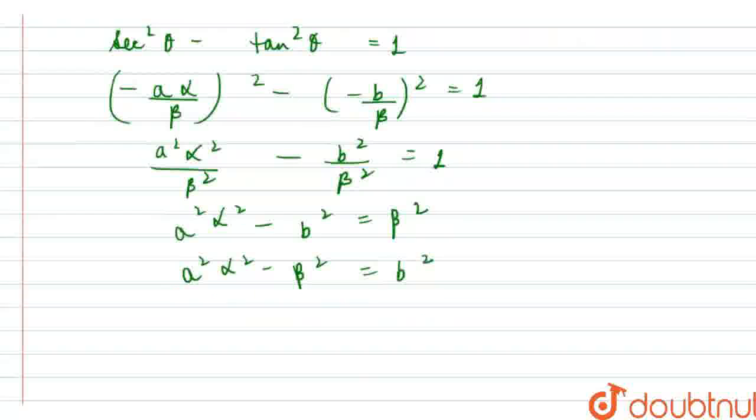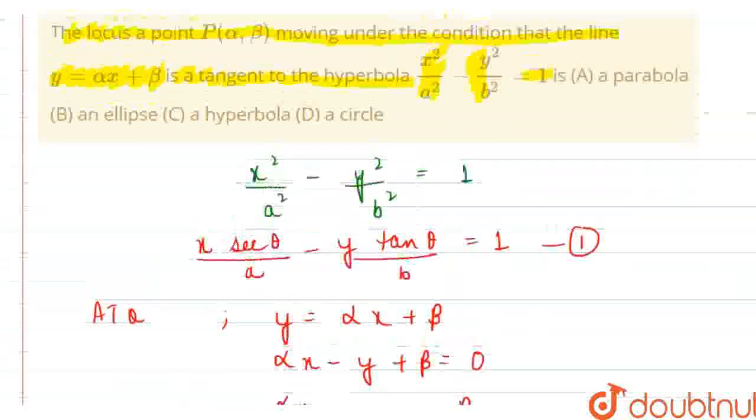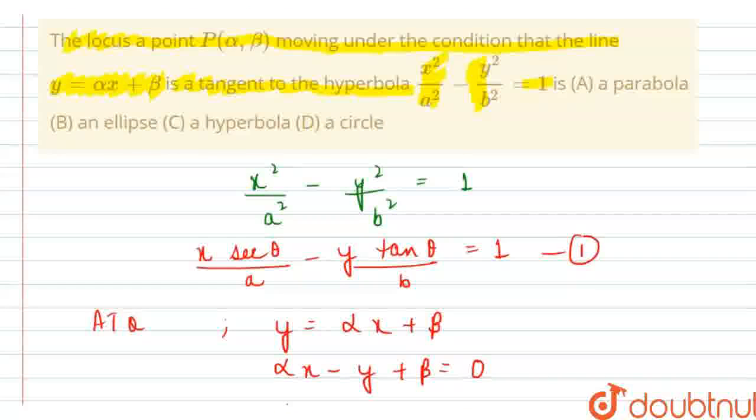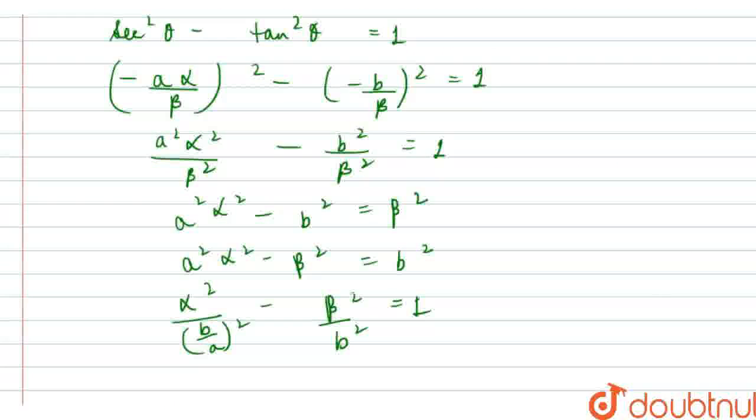After rearrangement, we can write it as a square alpha square minus beta square is equal to b square. After another rearrangement, I can write this equation as alpha square upon (b upon a) whole square minus beta square upon b square is equal to 1. In the question it was mentioned that the locus of point P is at point alpha comma beta. So I can replace alpha and beta by x and y.